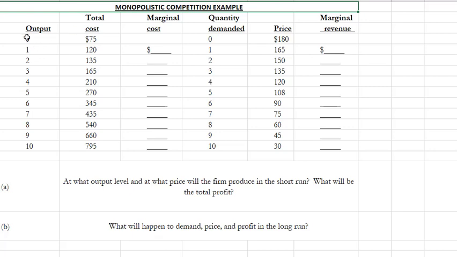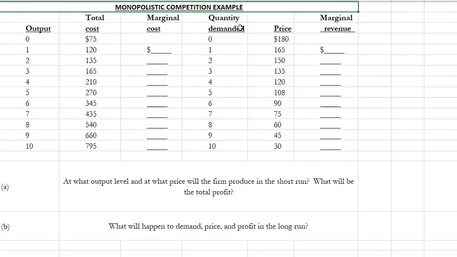Here we go again. This is the output. How much of the good is being produced? 0, 1, 2, 3, and so on. Here we have the total cost. You see a blank column here, meaning we're going to have to calculate the marginal cost.